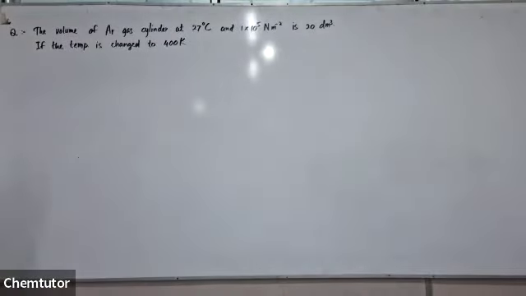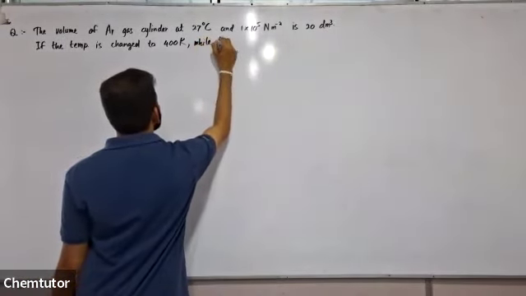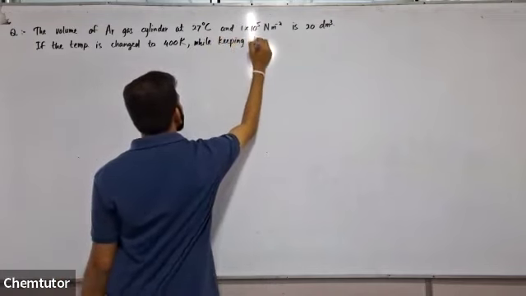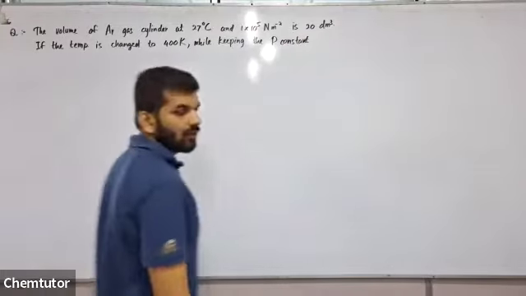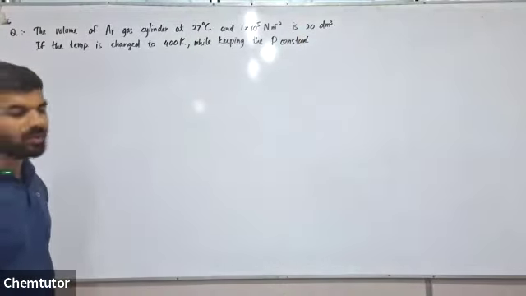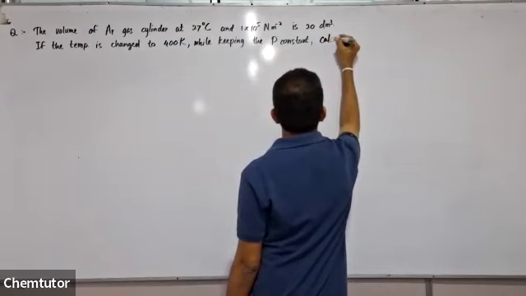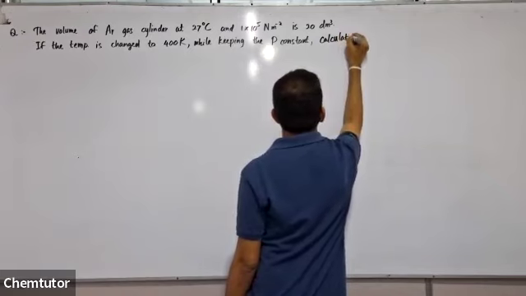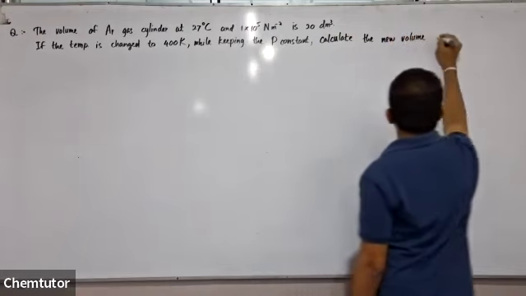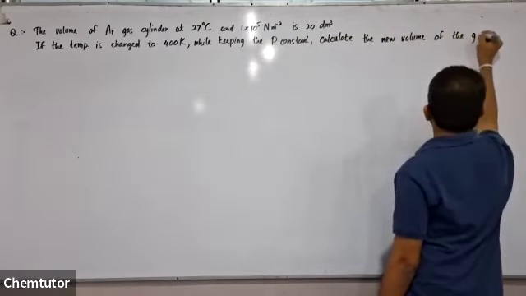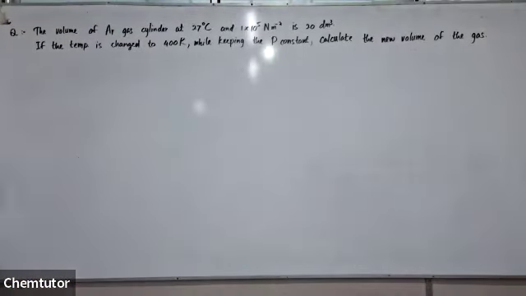If the temperature is changed to 400 Kelvin while keeping the pressure constant, calculate the new volume of the gas.